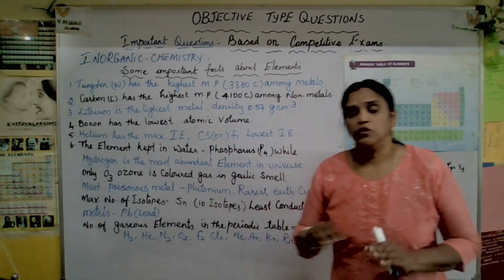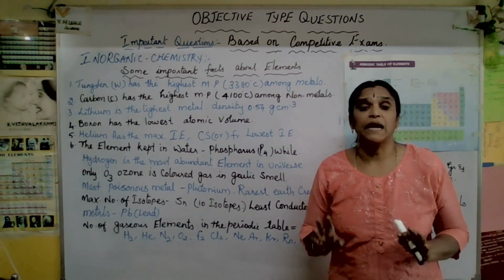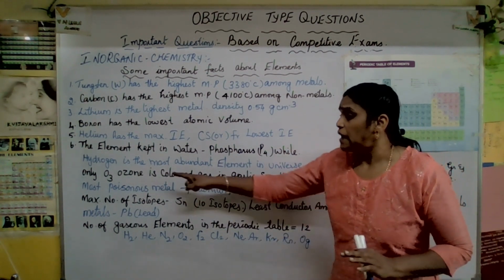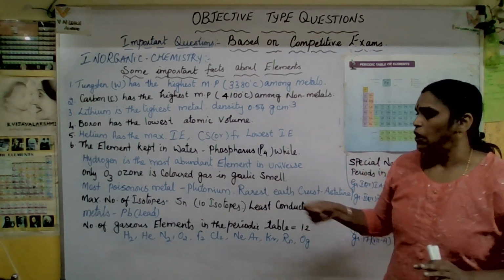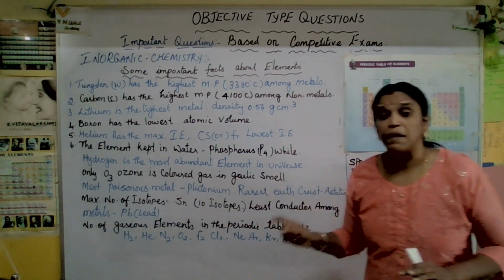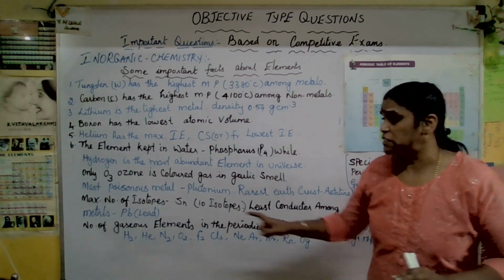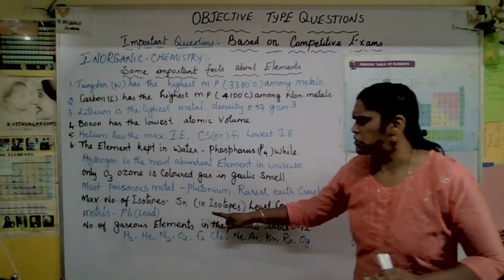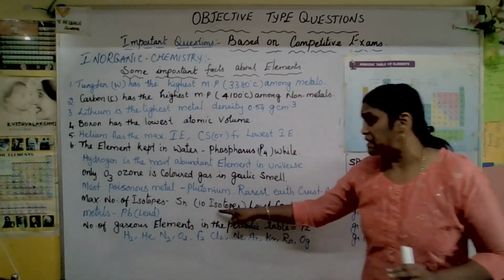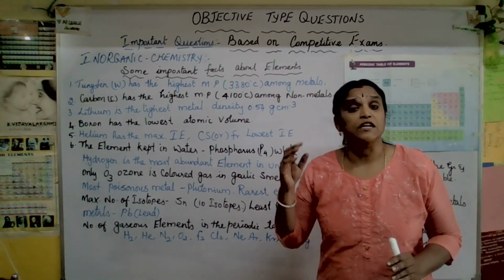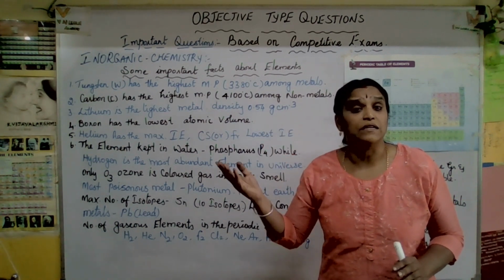And ozone: usually a gas won't be colored, but ozone is a colored gas. And what smell? It has a garlic smell. Okay, most poisonous metal, plutonium, it's a poisonous metal. Maximum number of isotopes, that is 10 isotopes. You know which planet has more natural satellites?